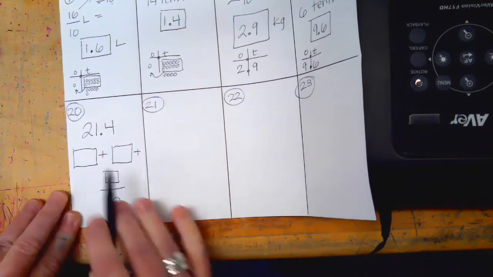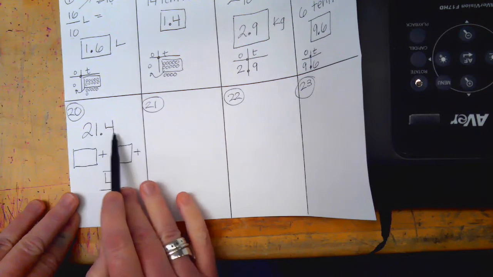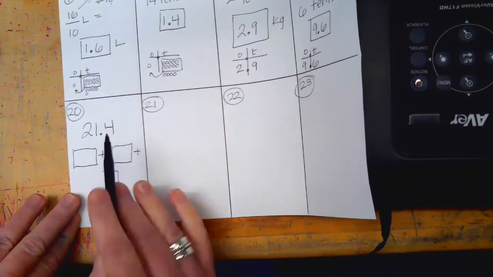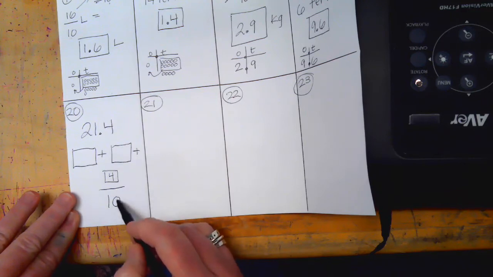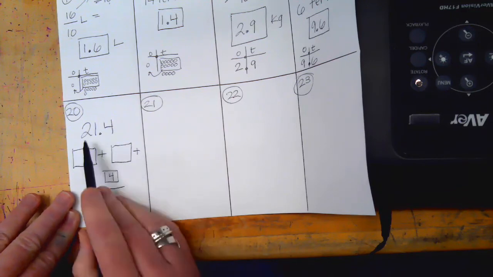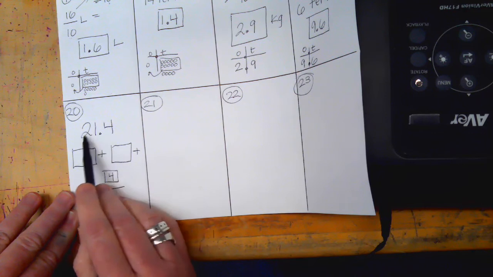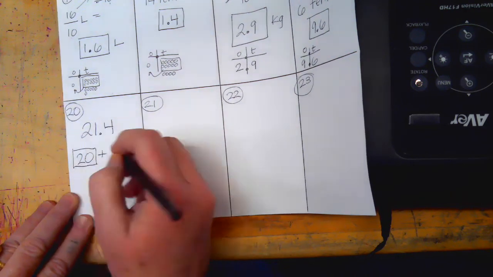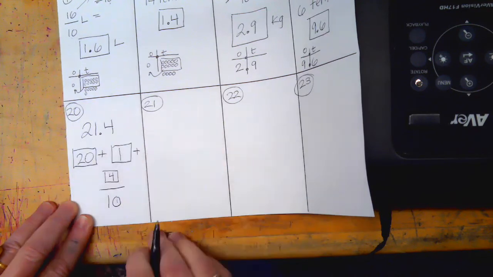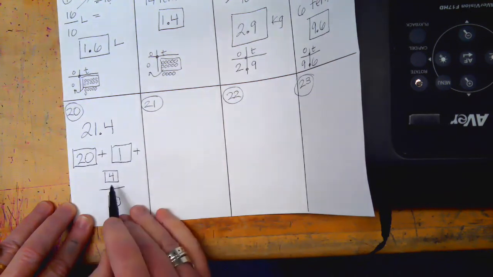So if we break this into component parts, we know that this is 4 tenths. So that looks like that fraction, right? 4 tenths. We're going to break up the 21 by place value. So this one is going to be 20, and this one is in the ones place, so it's 20 plus 1 plus 4 tenths.